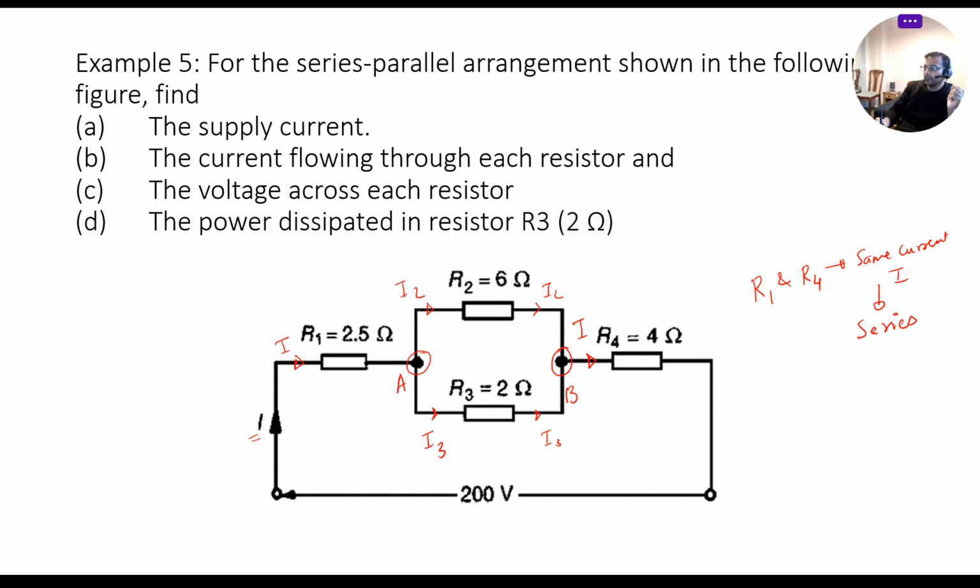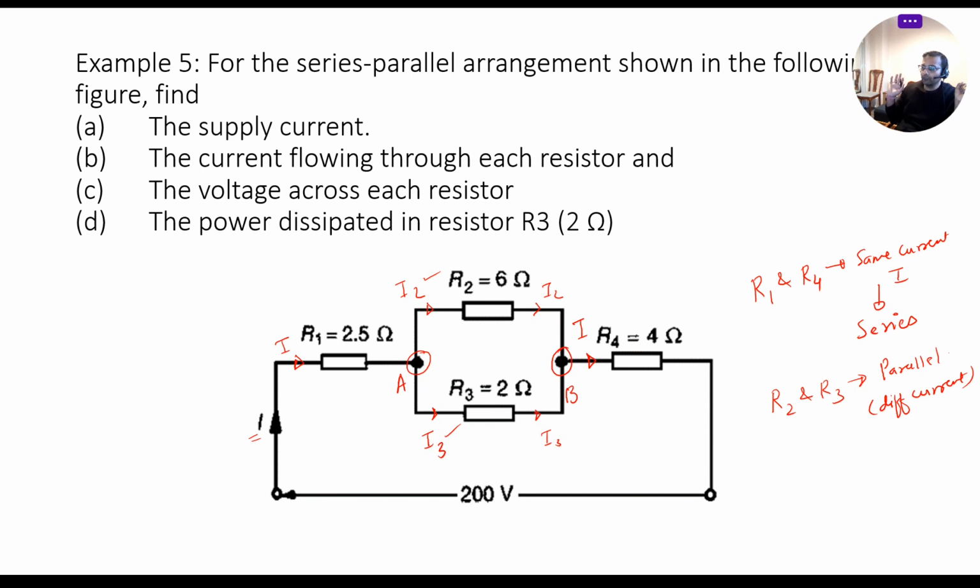Now R2 and R3 are connected in parallel because different current is flowing through them. Through R2, I2 is flowing, and through R3, I3 is flowing. Different current. So this much we have identified.